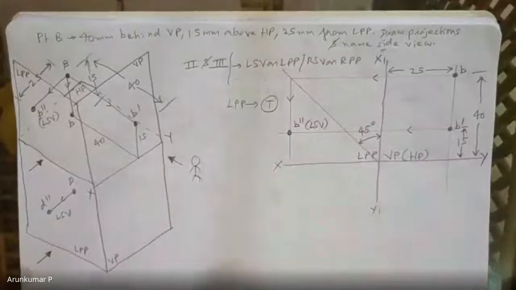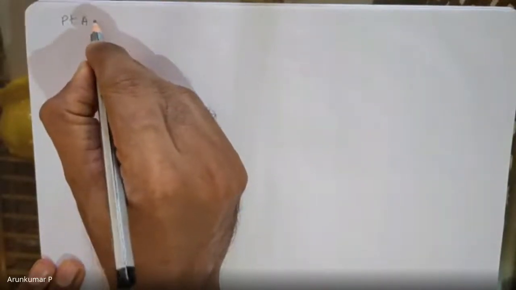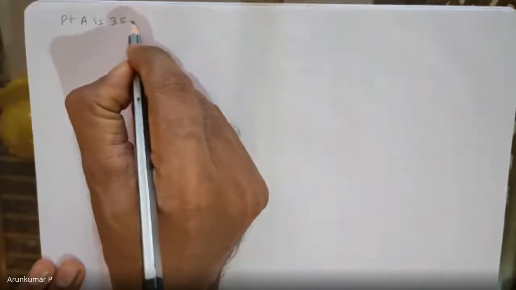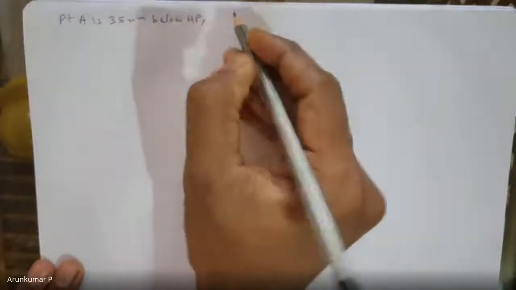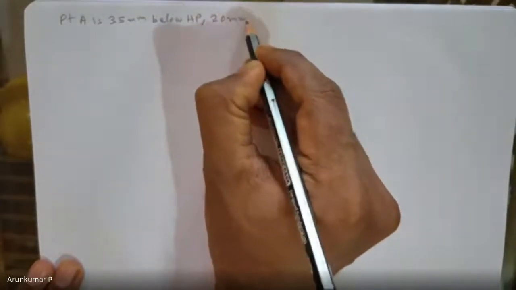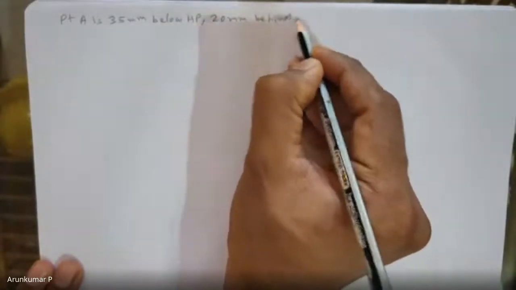So we'll take this particular problem, wherein you have a point A. Point A is 35 mm below HP, 20 mm behind VP.